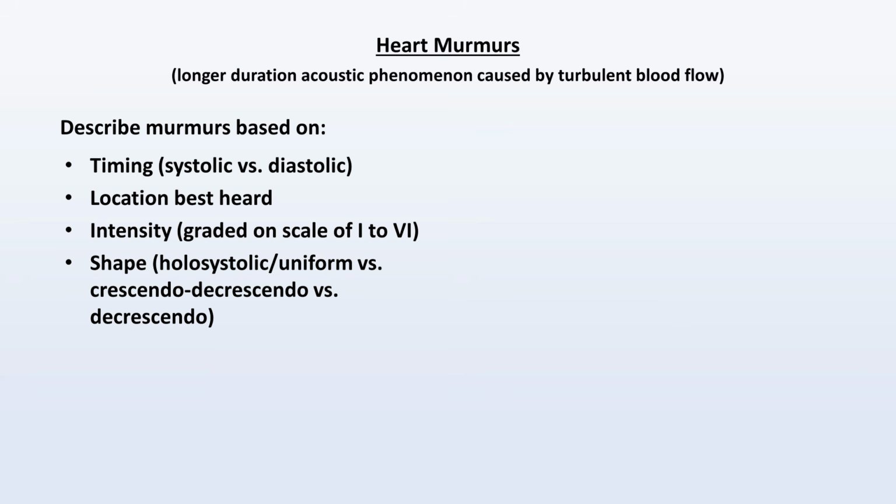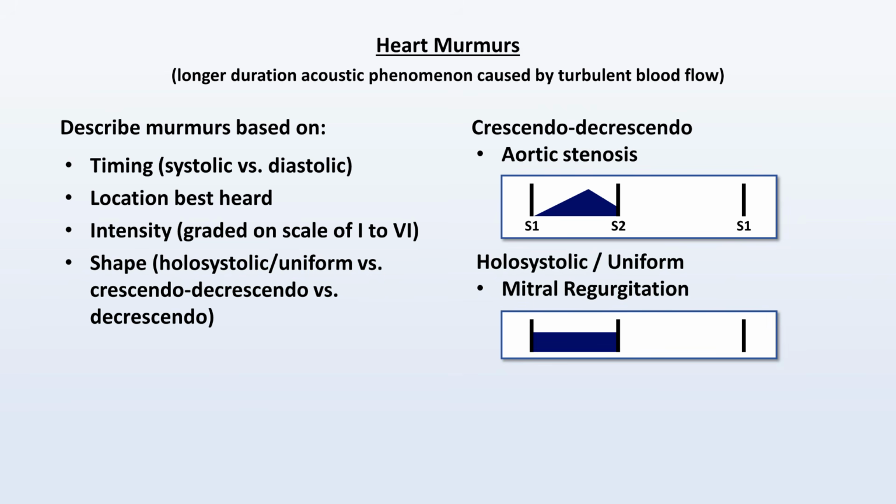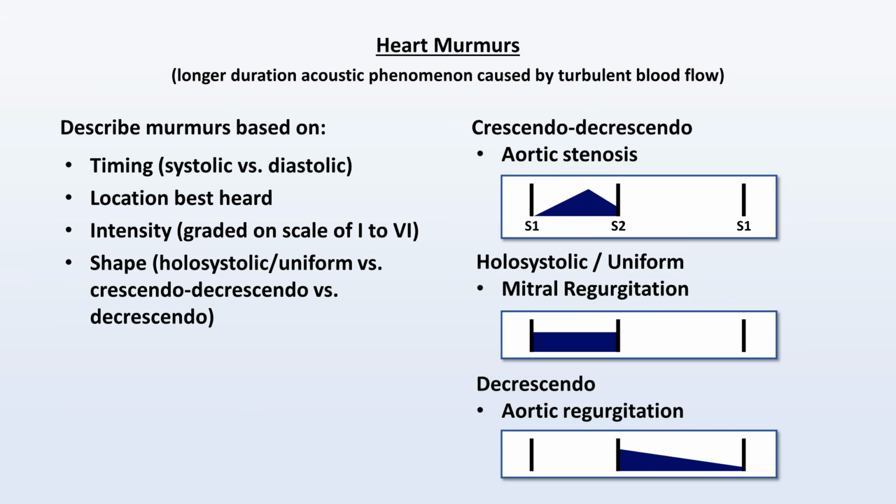For example, here's a classic systolic crescendo-decrescendo murmur of aortic stenosis. And here is the classic holosystolic or uniform murmur of mitral regurgitation. And the classic decrescendo diastolic murmur of aortic regurgitation.